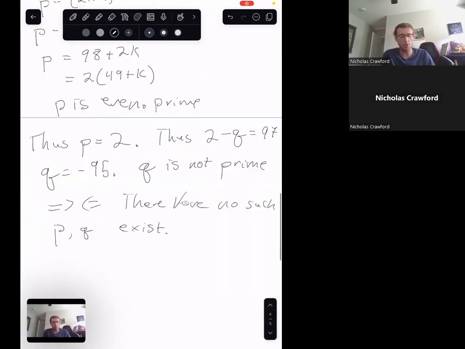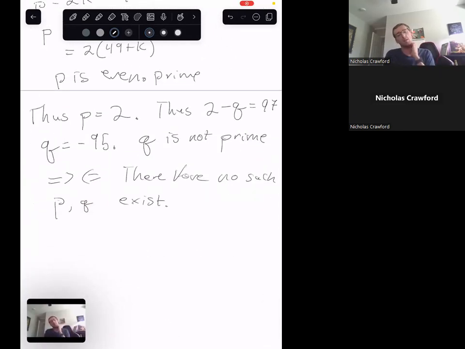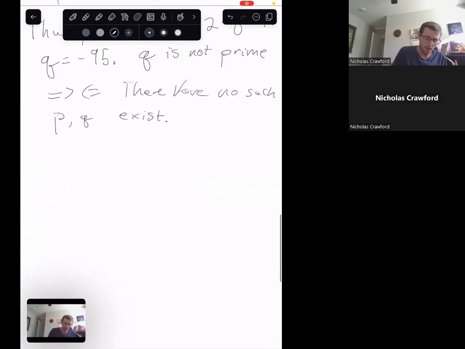We showed there absolutely can't exist something. That's my big remark for this one: a good way to see if an existence statement is true or false is by negating the statement and seeing what you get.